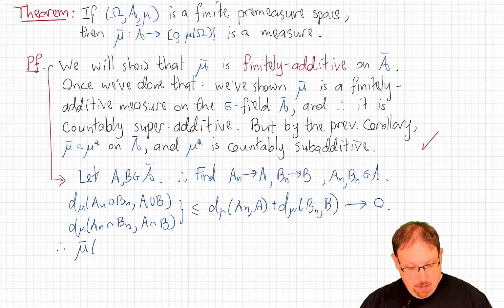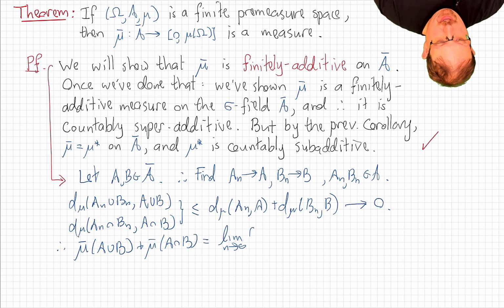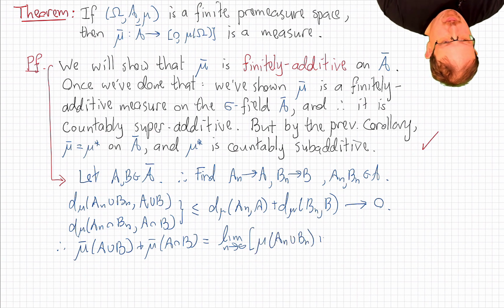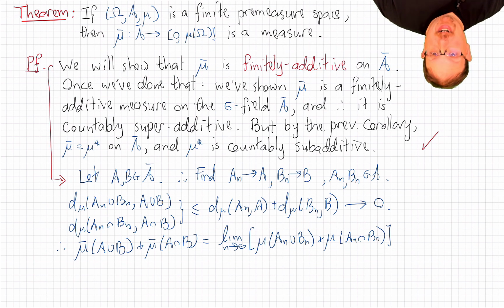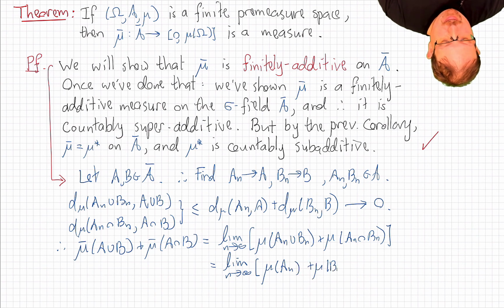And therefore, mu bar of A union B plus mu bar of A intersect B is just the limit, as n goes to infinity, of mu of AN union BN plus mu of AN intersect BN. But mu is a finitely additive measure, and that means that it satisfies the strong additive formula that the measure of the union plus the measure of the intersection is the sum of the measures of the two sets.